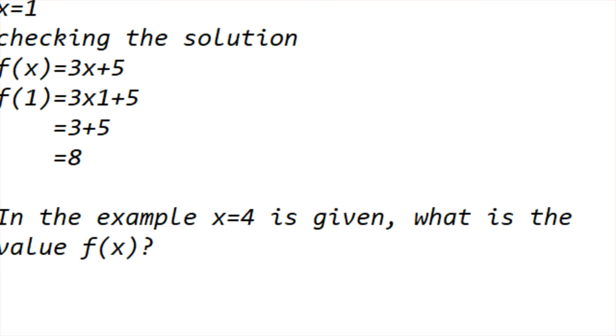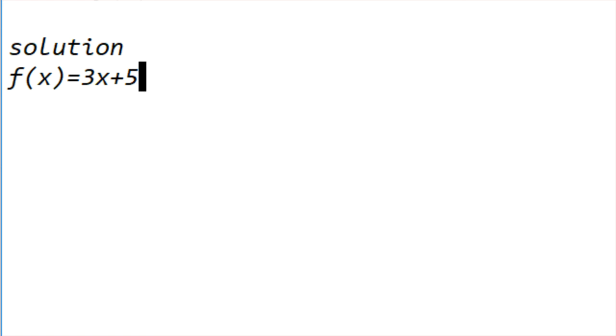Solution. Go to f of x equals 3x plus 5. Now substitute x equals 4.